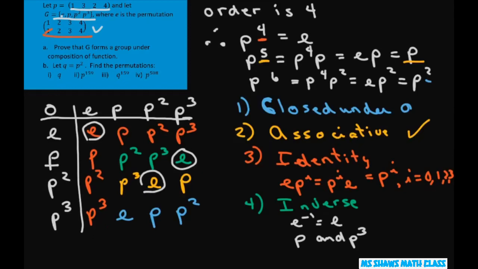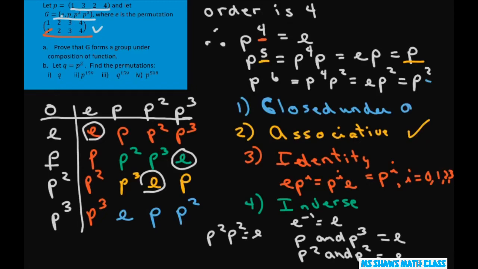Here we have an identity, so that means P squared and P squared are inverses, because those two together equal E. P squared basically is its own inverse.